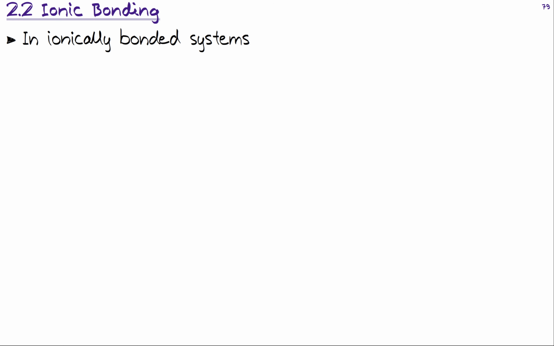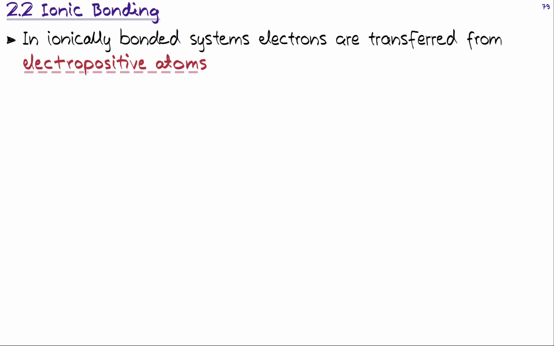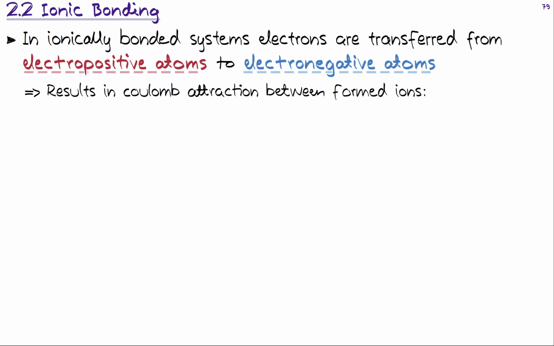So when we have an ionically bonded system, the electrons seem to be completely transferred from the electropositive atoms to the electronegative atoms. And when an electron really is displaced from one atom to another one, there will be a Coulombic attraction between the formed ions.